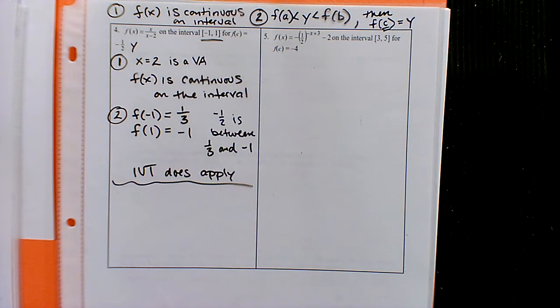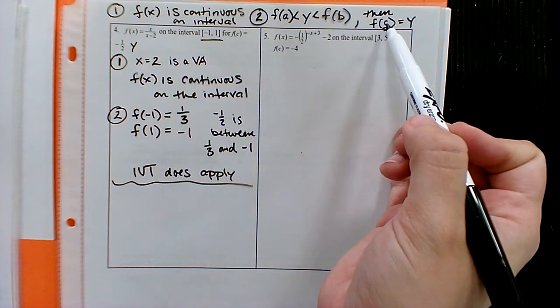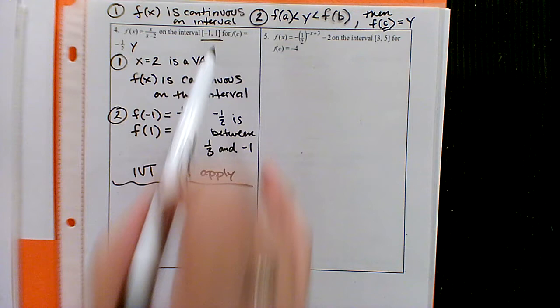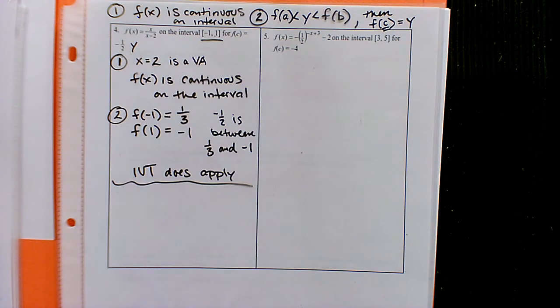So how might we, now that we know that IVT applies, how can we maybe set up an equation to help us figure out that special x value between -1 and +1? Can we have some type of setup?